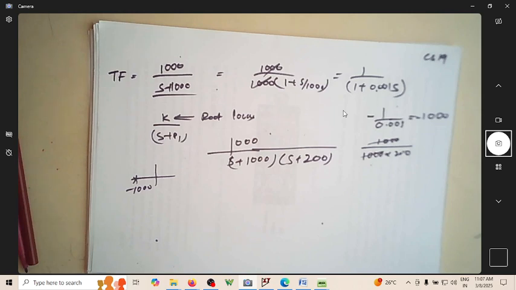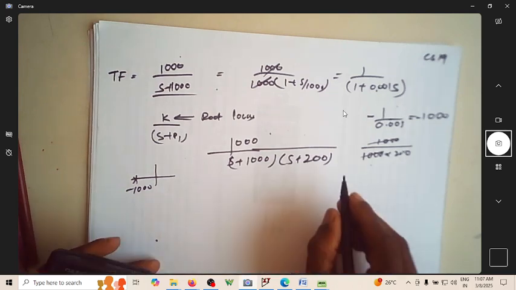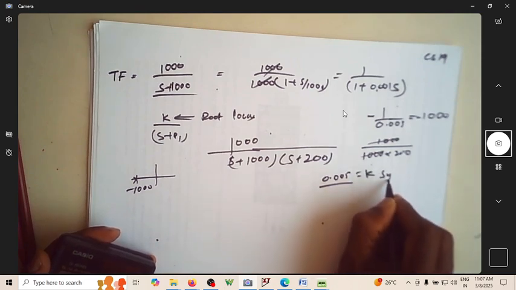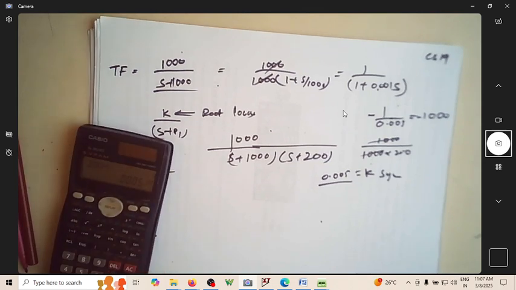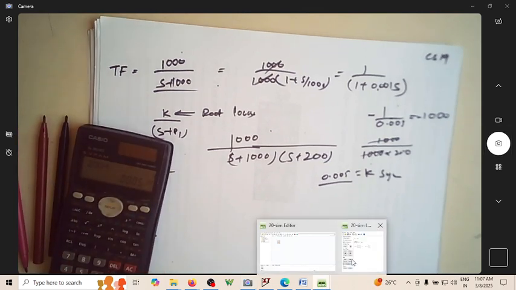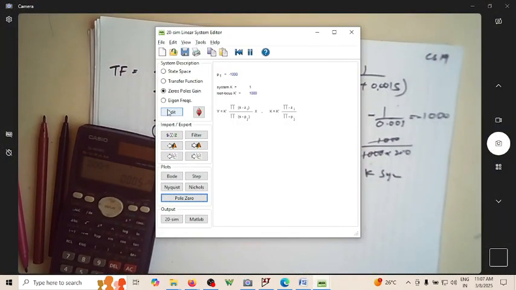Just a minute. So 200 inverse is, sorry, point not 5. Point not 5 will be the system gain. So let me just check out whether that will be true or not. Come back here to this. Let me edit.